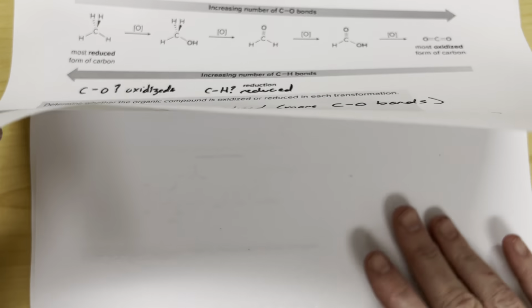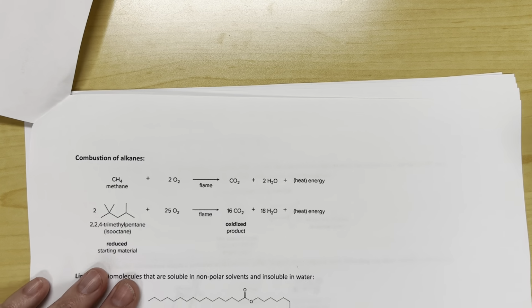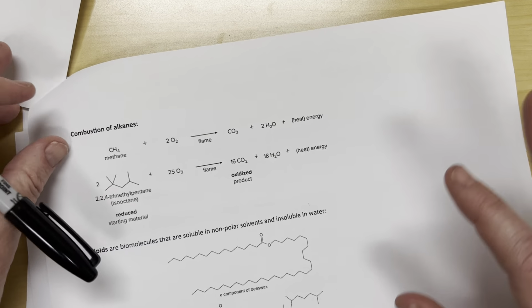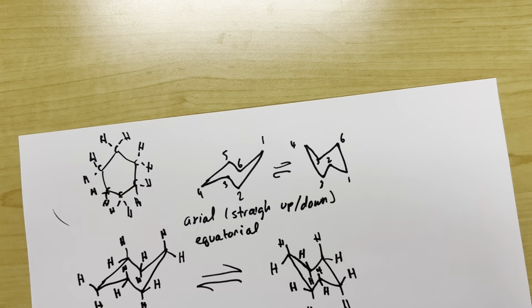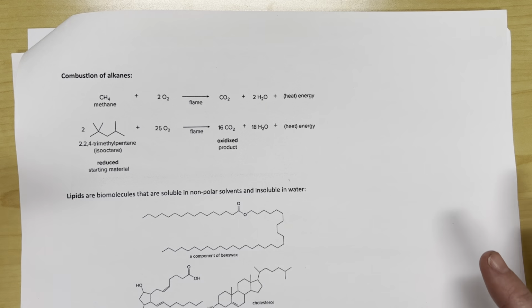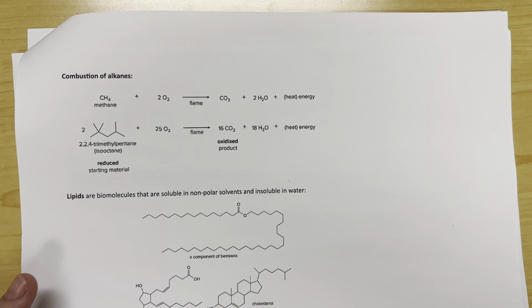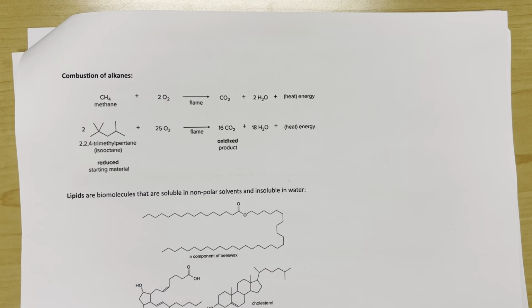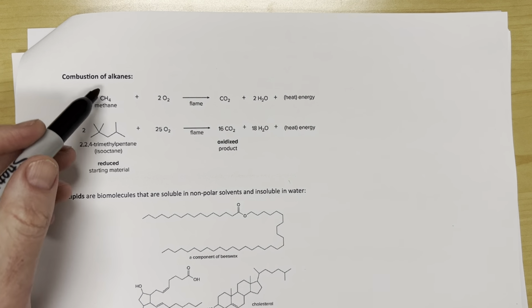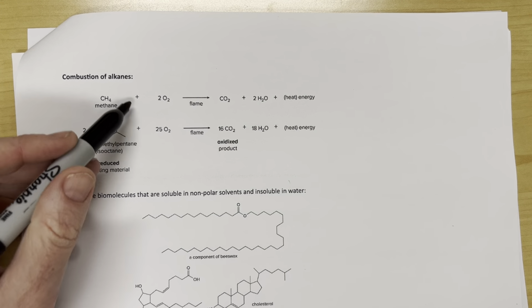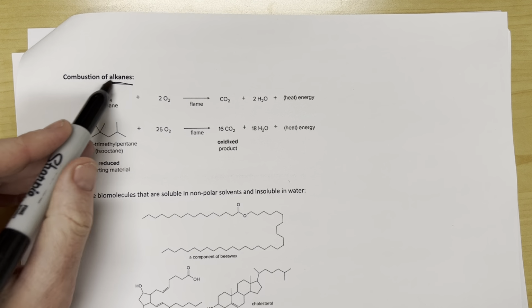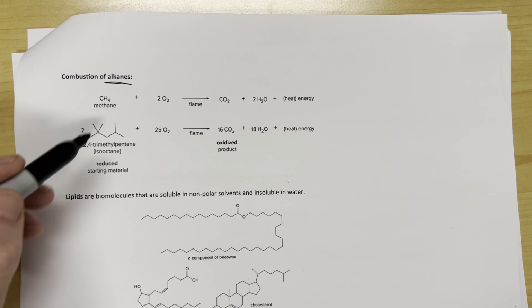Ooh, we're flying through this sucker. All right, combustion. If you've had me in Gen Chem, you know this is one of my favorite things to do, is talk about combustion reactions. But unfortunately, in OChem, we're not going to get as far into it as I want to. The main thing with combustion reactions is that you take some kind of carbon-hydrogen containing compound. There could even be oxygen in there, but we're talking specifically alkanes, so let's just say a bunch of carbon-hydrogens.